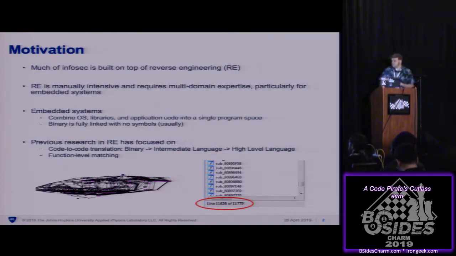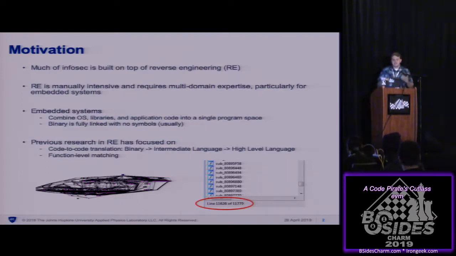I'm going to talk about it a little bit more, but the previous research in RE has mainly focused on code-to-code translation, like decompilation, right? People are pretty familiar with disassembly.